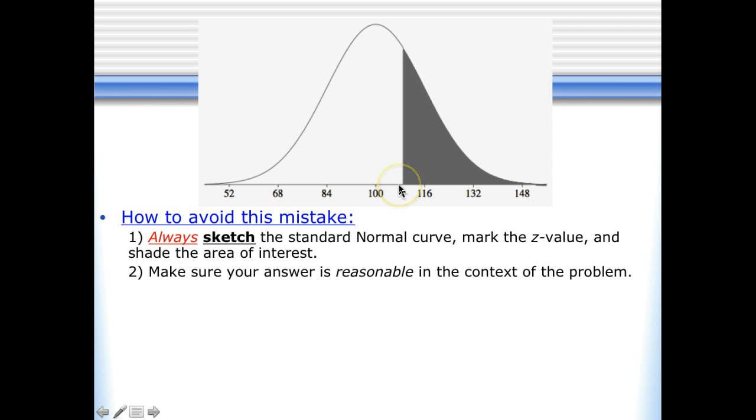Since I want the probability of being greater than 109, that's why I'm shading greater than. If I wanted the left, I would have shaded to the left. Notice when I look up the z-score for 109, it's going to give me the area to the left. A lot of times I'll identify that by drawing an arrow to the left and labeling it with the probability. Then that helps me see that I need to do 1 minus that probability.